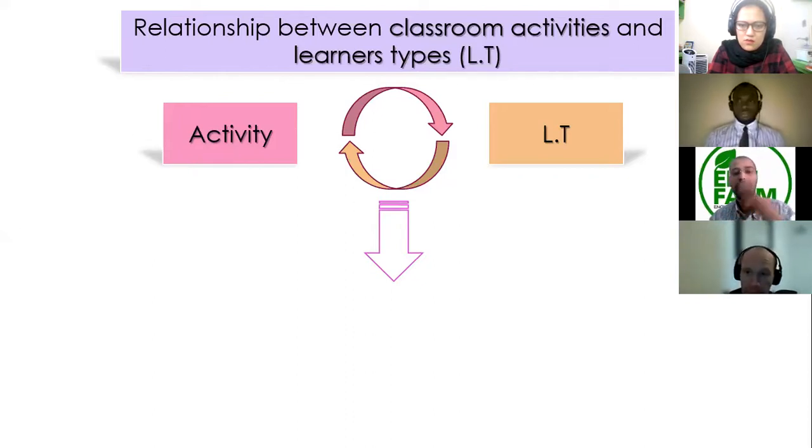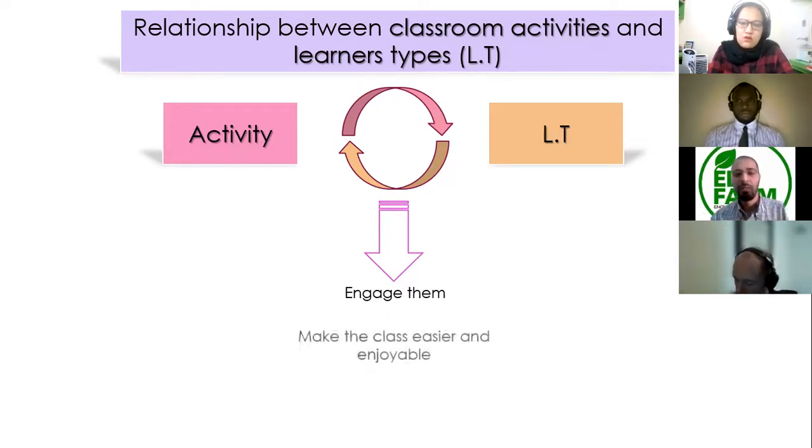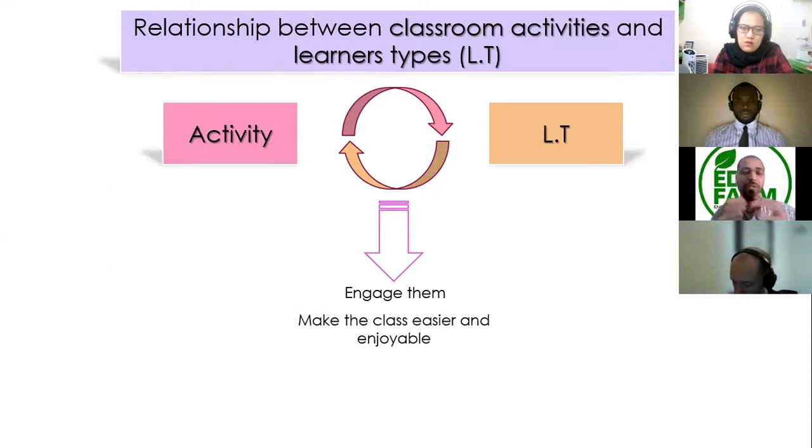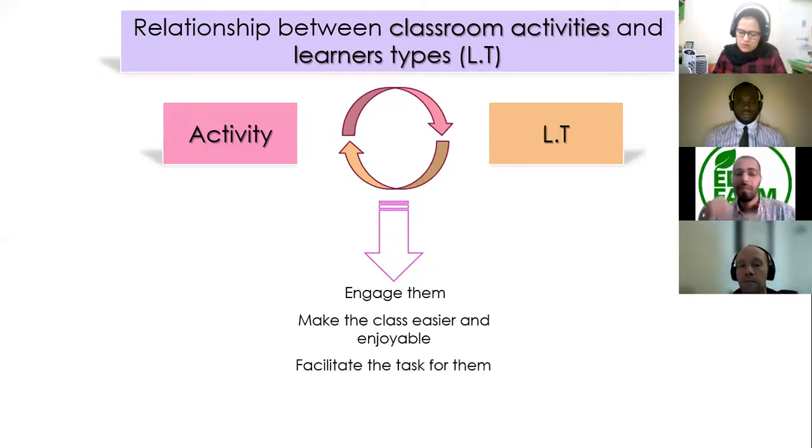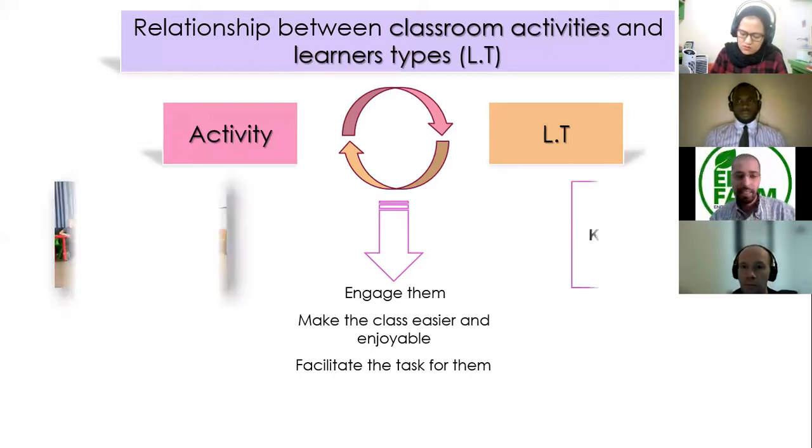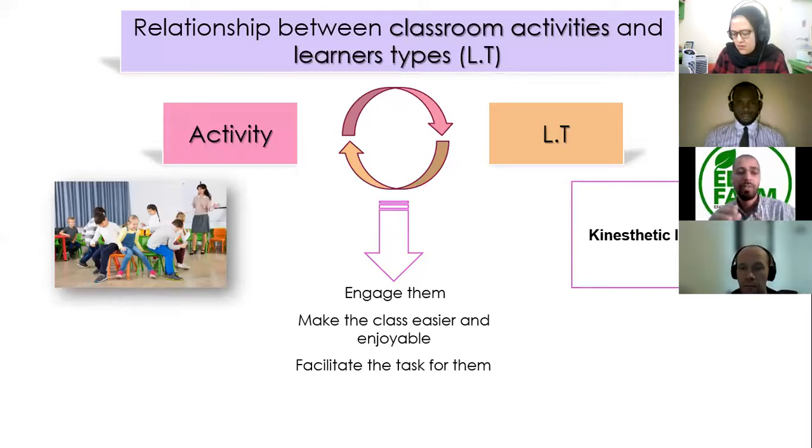The goal of the activity is to engage them in the lesson, make the class easier and more enjoyable for the students, and facilitate the task for them. For example, a kinesthetic learner likes to move a lot, and those kinds of activities help that type of learner. So the activity is very important, and the learner's type is important too.